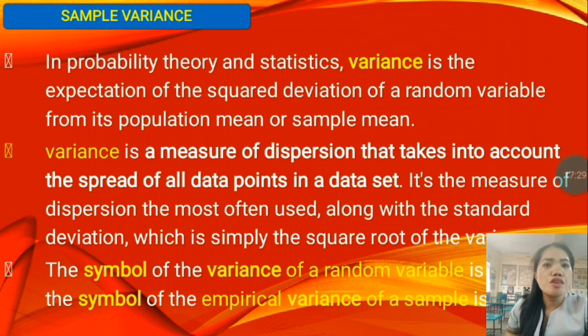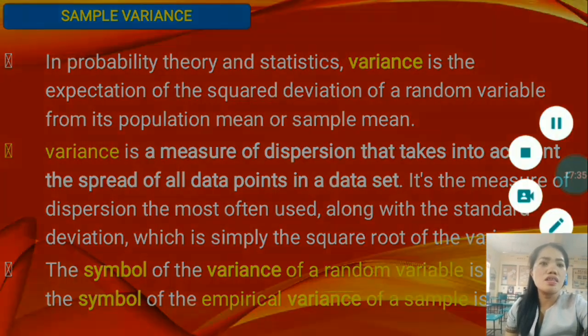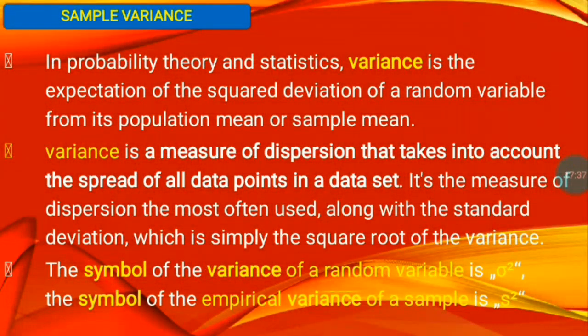Okay, and for the sample variance, we have here, in probability theory and statistics, variance is the expectation of the squared deviation of a random variable from its population mean or sample mean. Variance is a measure of dispersion that takes into account the spread of all data points in a data set.